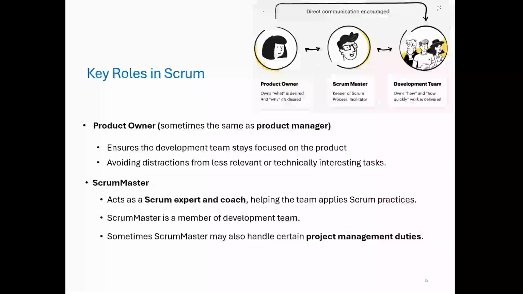In practice, they may also take on some project management duties, such as tracking sprint progress, facilitating communication, and handling external reporting. While they may help with project management tasks, their primary role is to empower the team, not to manage it. The Scrum Master ensures that the team can focus on delivery without bottleneck or confusion.